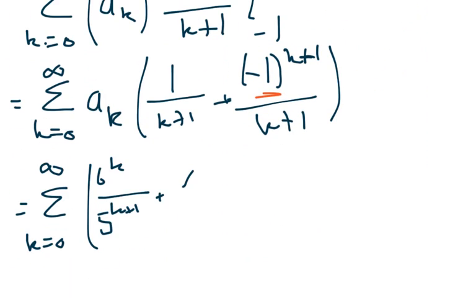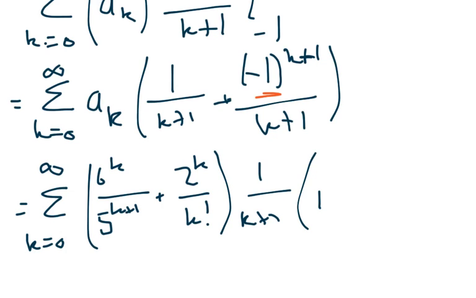Yep. 2 to the k over k factorial, and then I have 1 over k plus 1, and then I have 1 plus, I'm going to write this as 1 plus -1 to the k plus 1.